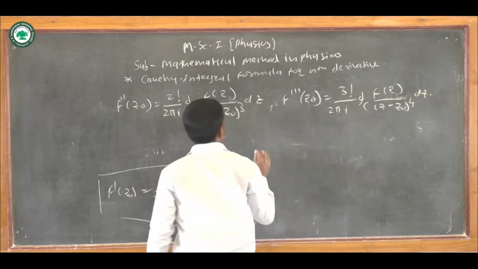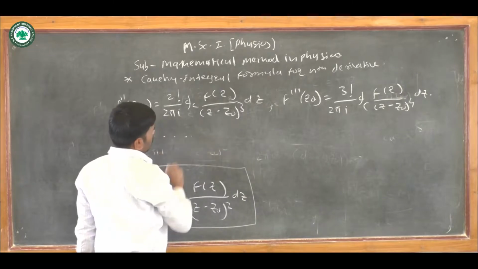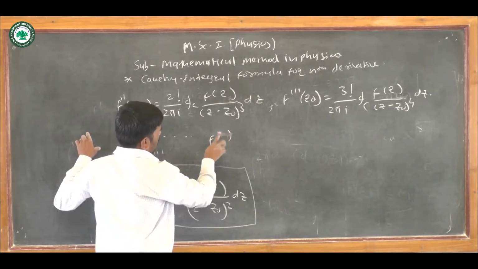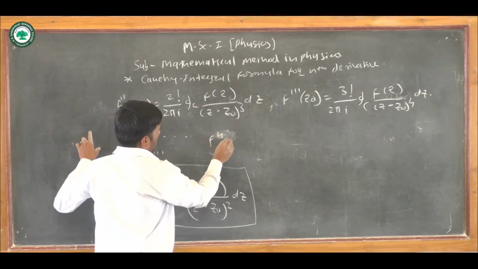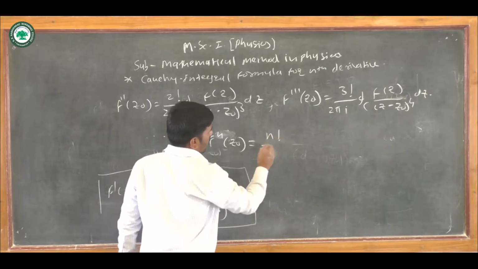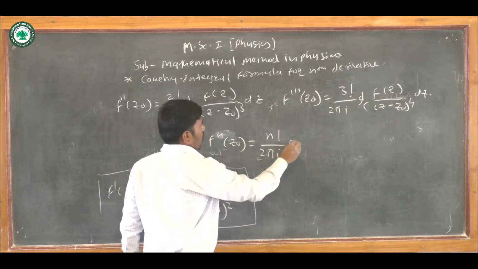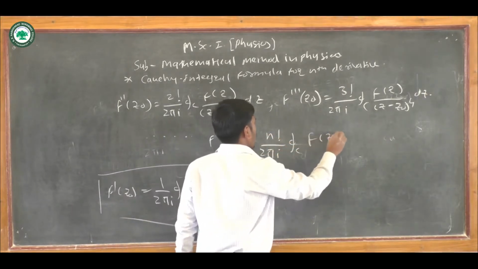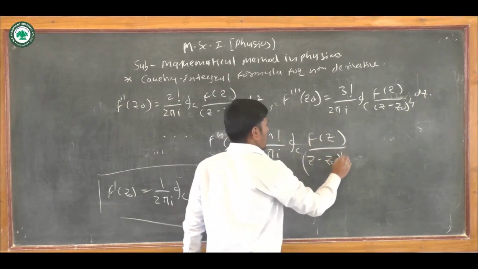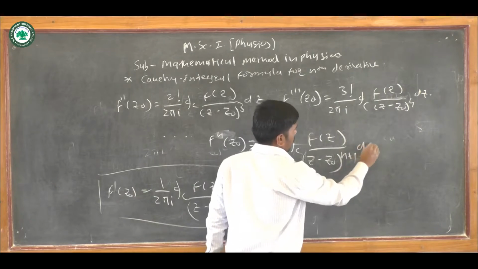Like this, if we follow the same procedure, we can write the expression for the nth derivative: f power n of z naught is equal to n factorial divided by 2 pi i, closed integral over C of f of z divided by (z minus z naught) power n plus 1 dz.